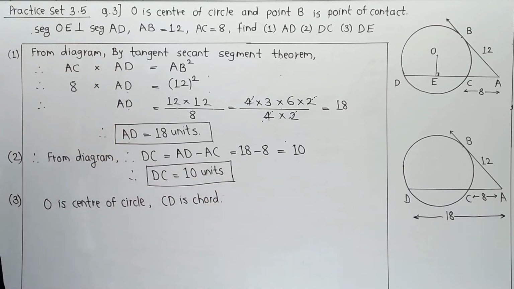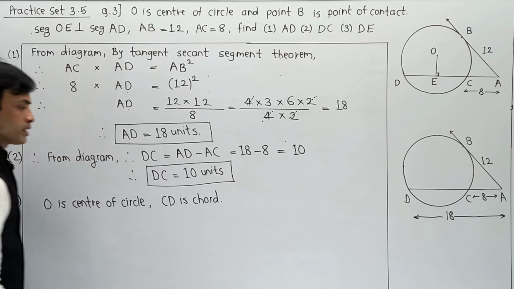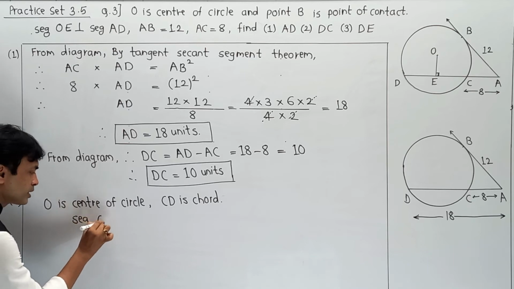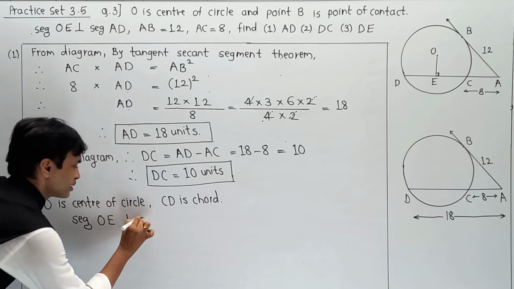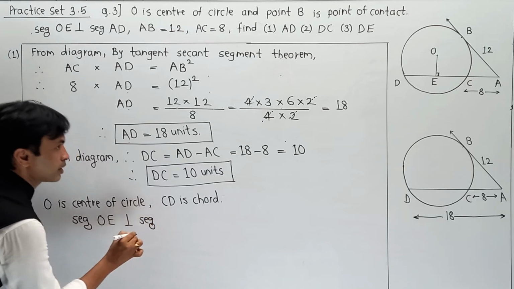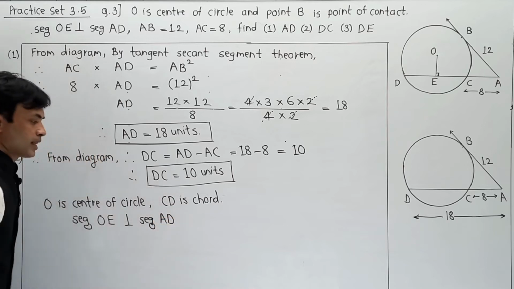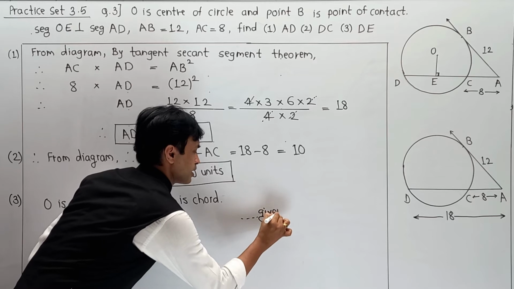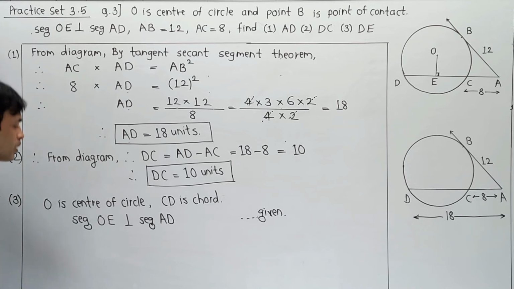Also, in the given part, segment OE is perpendicular to AD. They have given it, so I am going to write it as given. Naturally, a perpendicular from the center of a circle to a chord bisects the chord. Now, your answer for DE.